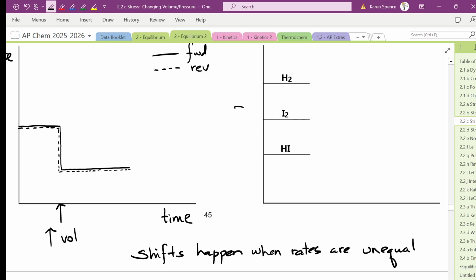Okay, concentration diagram. Here's our concentration. Concentration of H2, I2, HI. And at this time right here, we increase our volume. What happens at that moment in time? Tell your partner, what happens at that moment in time?